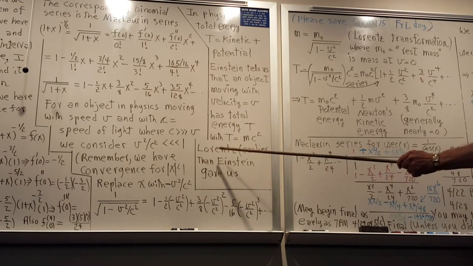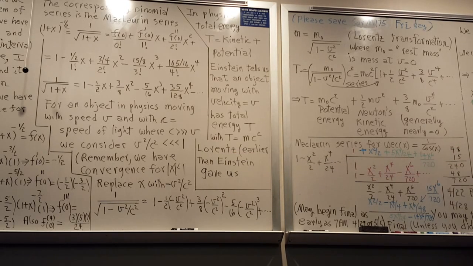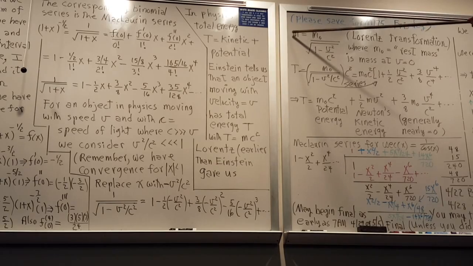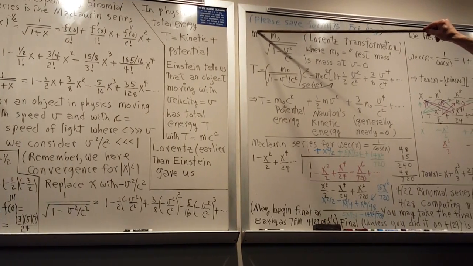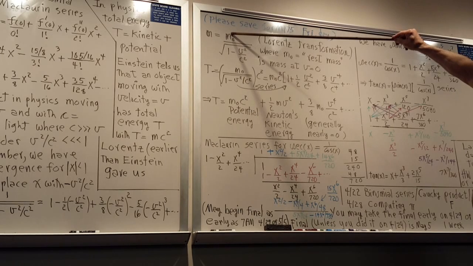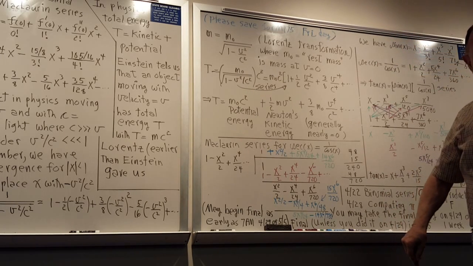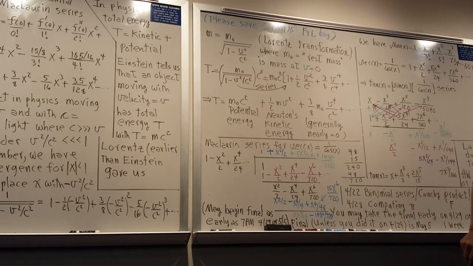And an earlier physicist, Lorentz, gave us the relationship between the mass when it's moving at speed v and what he called the rest mass, which is what something would measure as its mass if it's not moving.